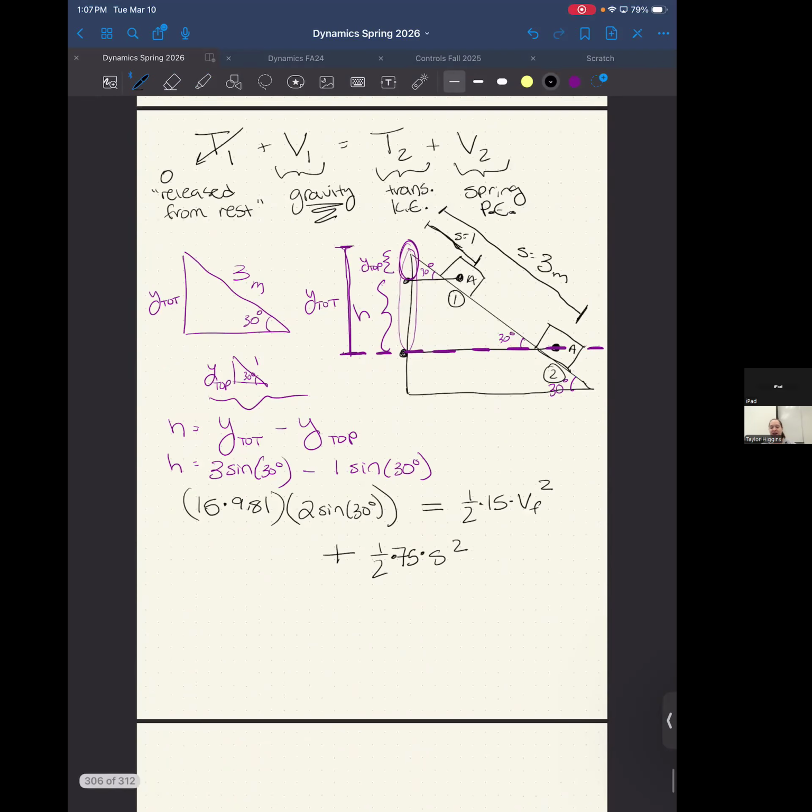And then what is the stretch? How can we find the stretch? Samuel? Absolutely. We can do trig again.